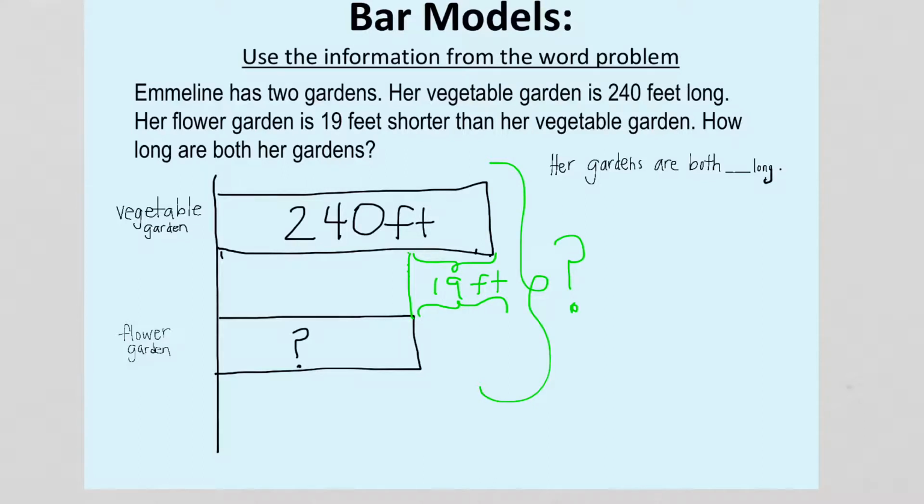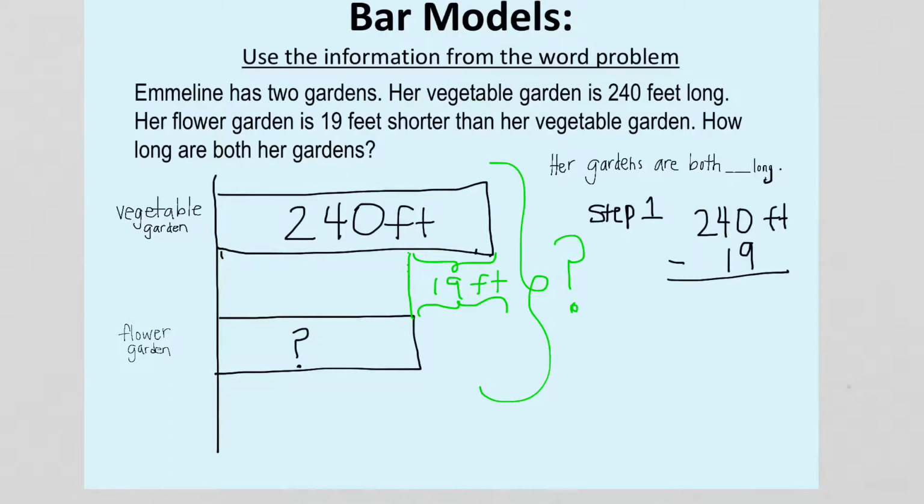Think about it. Great job. You're right. Since it's shorter, we are going to subtract because we want it to be less feet than our vegetable garden. Put it on pause and solve for how many feet long her flower garden is.